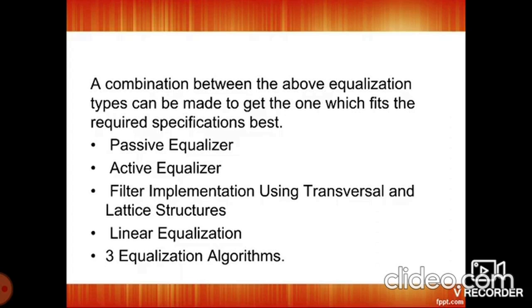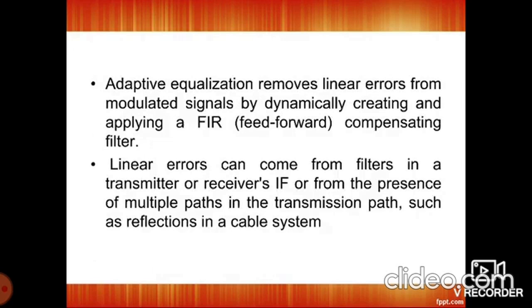The filter implementation using transversal or lattice structures, linear equalization, and some different equalization algorithms are used for this type of equalization. One is feed forward for FIR, and this type of equalization removes linear errors from the modulated signals by dynamically creating a compensating filter.